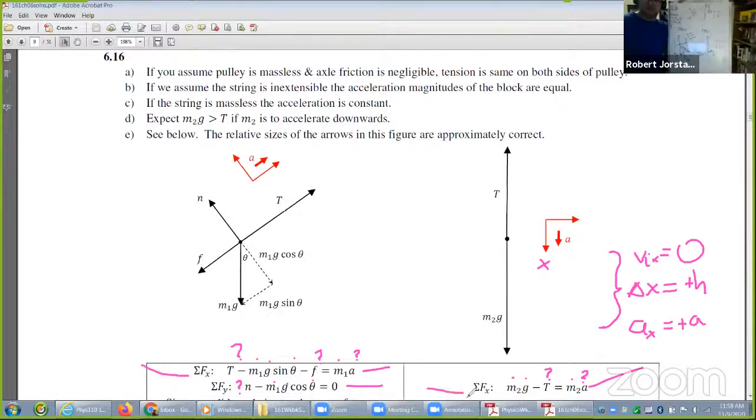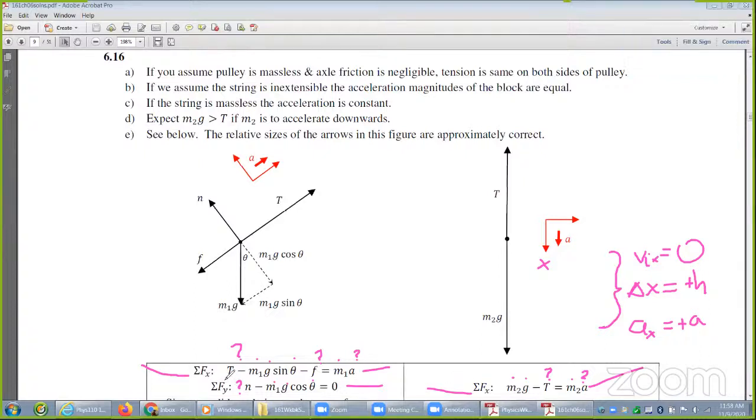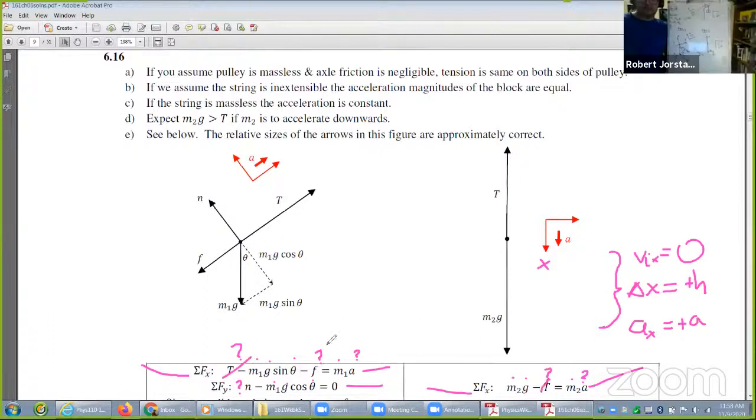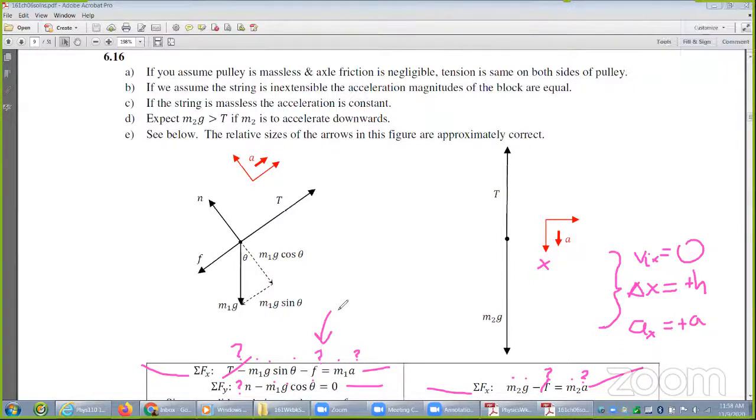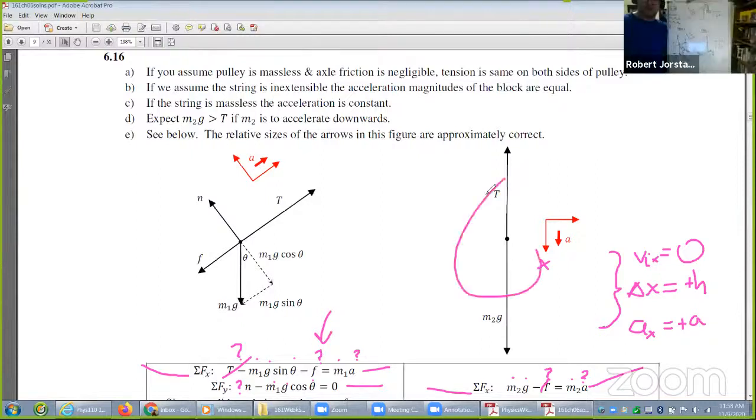Add this and this. Okay, if you do that, which force gets eliminated? Tension. Tension gets eliminated. Excellent. But we still have this one. How do we get rid of that? Do we add the Y forces together too? Well, nope. This one doesn't have any Y forces. Hmm.